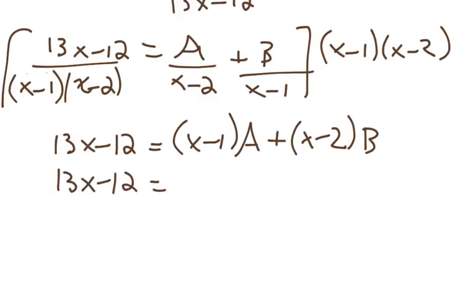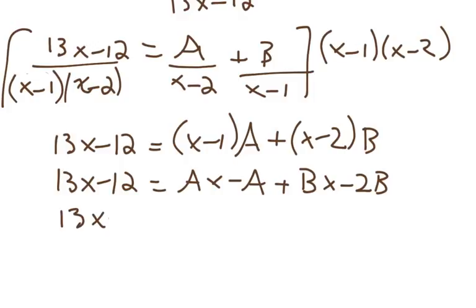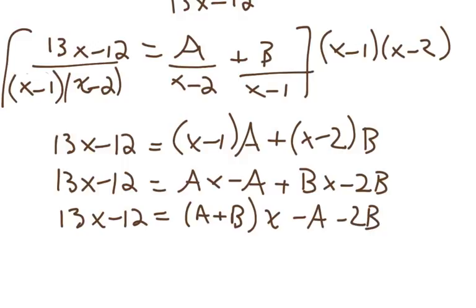And again, it doesn't matter. You can choose whichever one you would like, and you'll use a combination sometimes, whatever's easiest for you. Collecting the terms, we have A plus B times x minus A minus 2B.